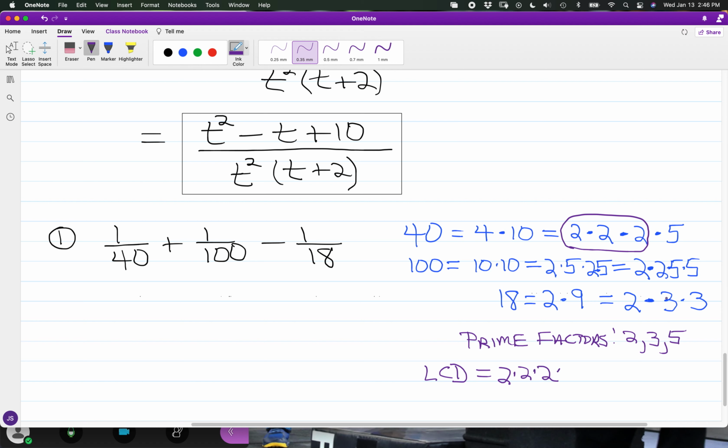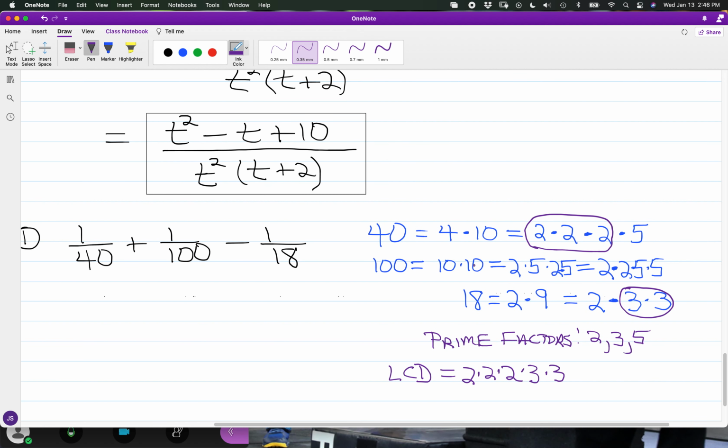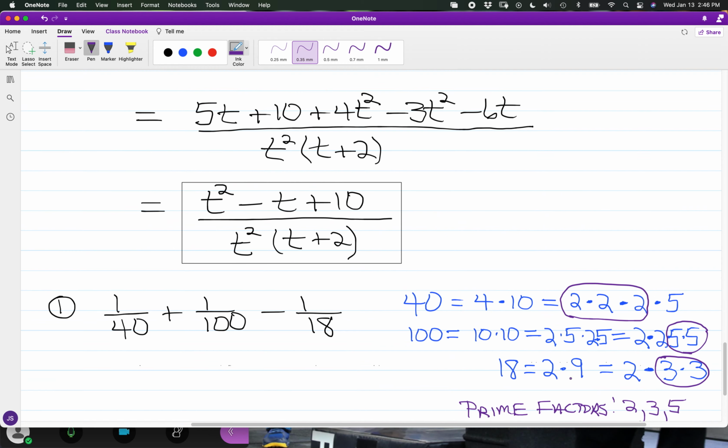And as for the number 3, it doesn't appear from 40, nor does it appear from 100, but it does appear twice from 18. And as for 5, it comes once from 40, twice from 100, and not at all from 18, excuse me. So we have, say, 5 times 5.